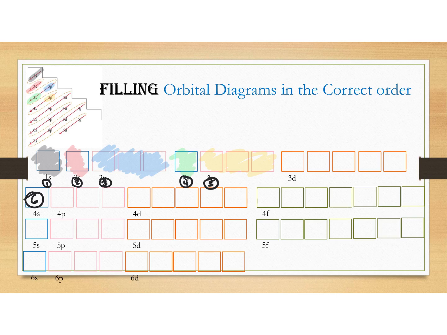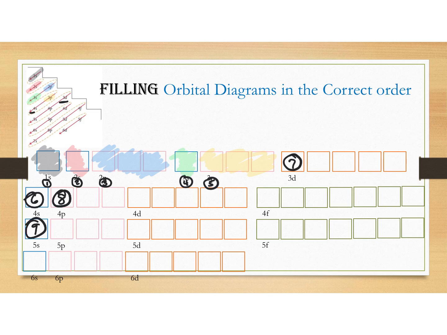Once I get the 4s filled, then what's going to happen? I'm going to fill the 3d. So I'm going to come back up here and do the 3d. Once I get the 3d filled, then I move back to the 4p. Once I get the 4p filled, then I move to the 5s.